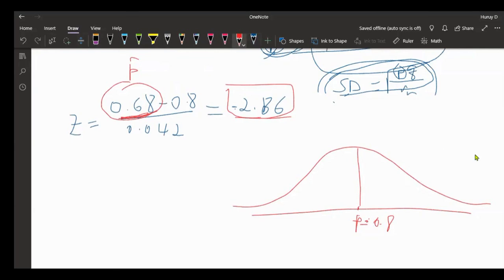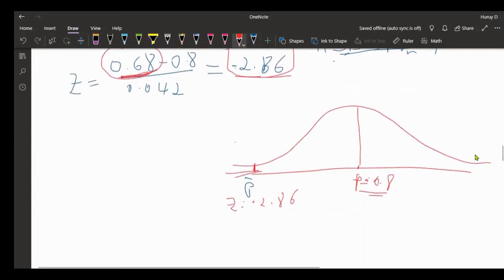This z value is a distance from the center. Since it is negative, it's to the left side. So here we have p hat, and in terms of z, this is z equals negative 2.86.